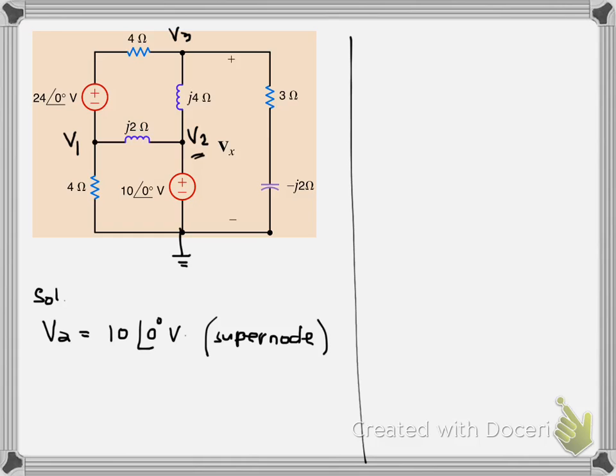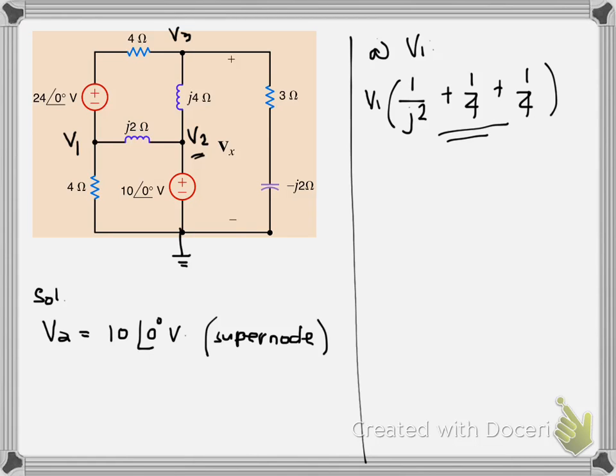Let's consider now the other two non-reference nodes, V1 and V3. Let's make an equation for V1. We have V1 times 1 over J2 plus 1/4 plus 1/4. These admittances are the following: this one, and this one.